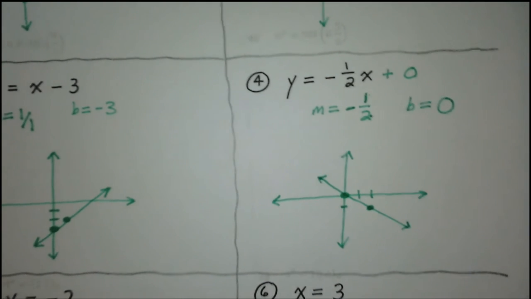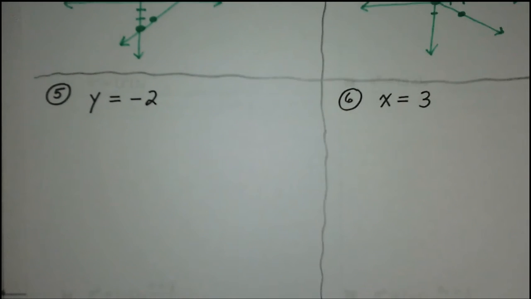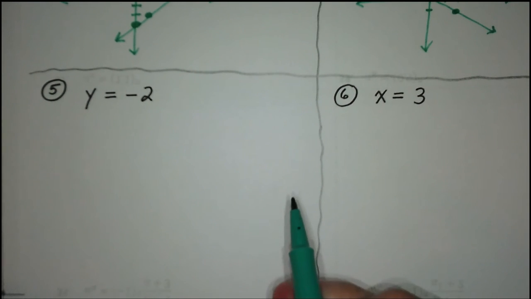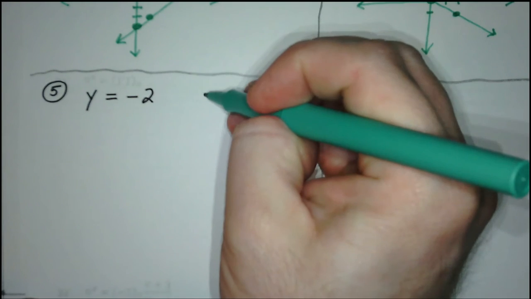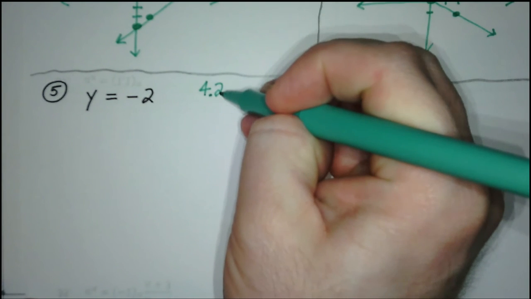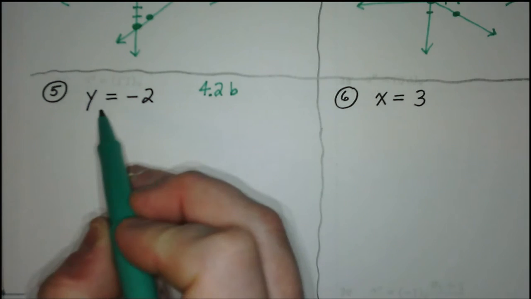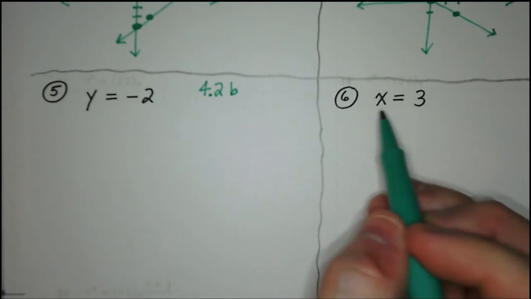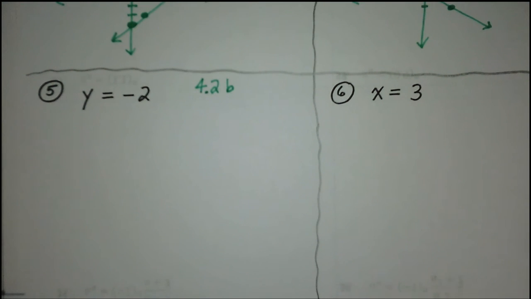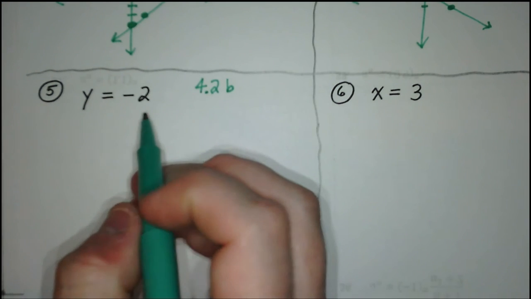Last couple, okay? The really special ones. This is where we were kind of getting into, like, 4.2b, or at least in 4.2b I tried to really emphasize these special ones, okay? What makes these special?